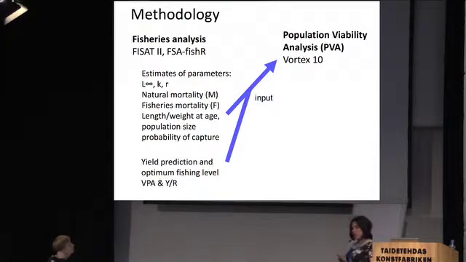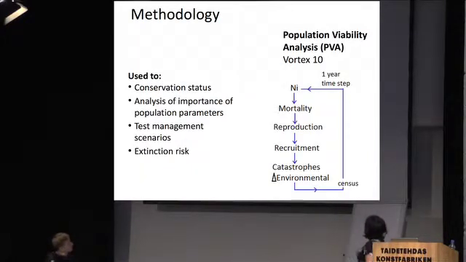With the results of this fisheries analysis, we input the population viability analysis, which was implemented in Vortex. Vortex is an individual-based simulation model that simulates a population going or stepping through these discrete sequential events that happened with certain probabilities.